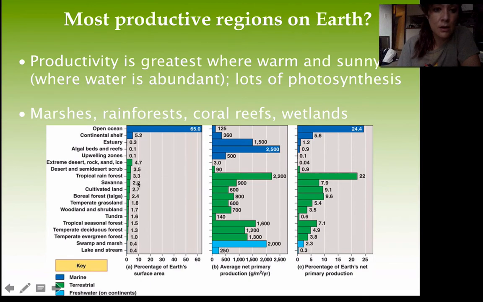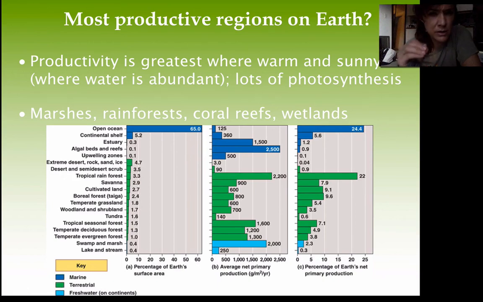And I'll explain why. If we look at the percentage of Earth's surface area, we've mostly got open ocean, right? The ocean is the largest part of the Earth, and that is really the only reason why the open ocean has such a large percentage of Earth's net primary productivity. Basically, if we count up all of the productivity on the open ocean, it's really high because that ocean is huge.